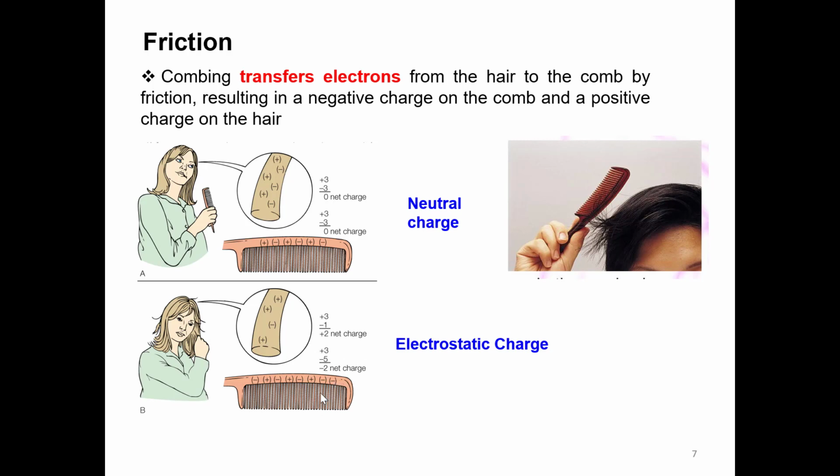Then we can say the hair and the comb are electrostatically charged, because the comb is charged negatively and the hair is charged positively. They have opposite charges, so the comb will attract the hair.